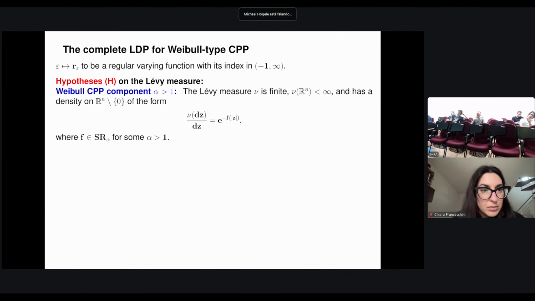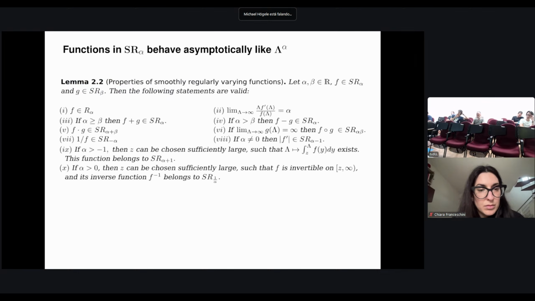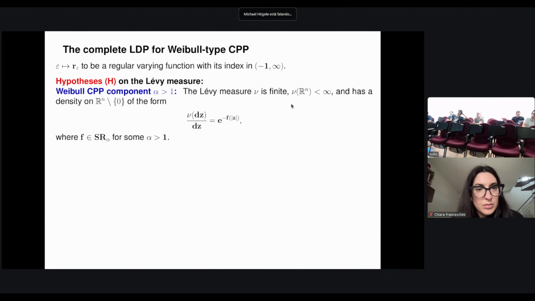So if you look at the LDP for these kind of Weibull type processes, I'm going to talk first on the proofs, or the sketches of the proofs I'm going to show. There are compound Poisson processes; you can always think of intensity 1.